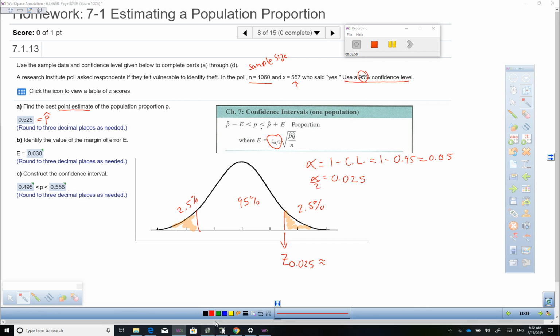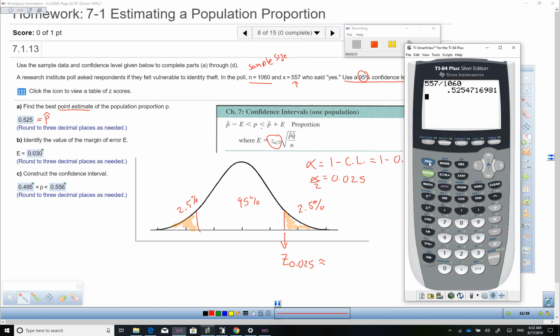So I type inverse norm by pressing second vars. Inverse norm is number 3, and the area is the area on the left, the one I have to provide here. If you have 0.025 area on the right, you take 1 minus 0.025, and then we keep 0 and 1 as the mean and the standard deviation.